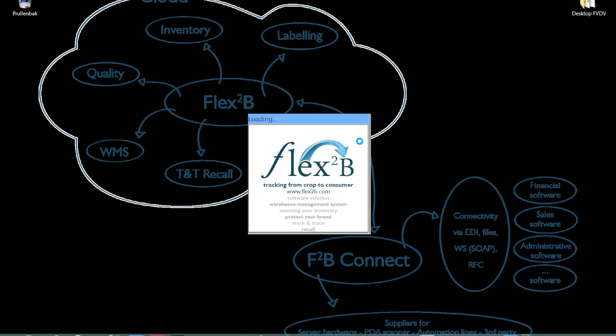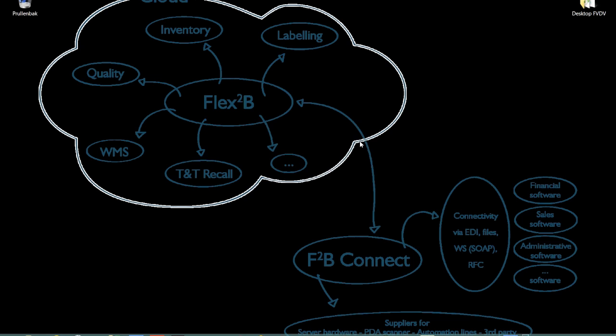On that topic, that will be in another training session. I can already tell you that we have multiple other major languages included, such as French, Spanish, and some others, which are all available as a language kit in Flex2B.